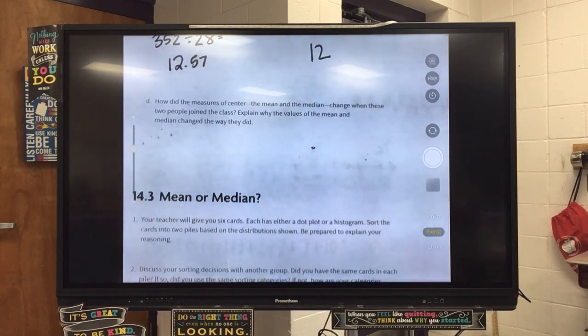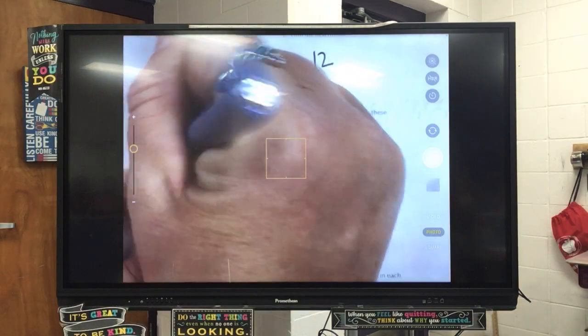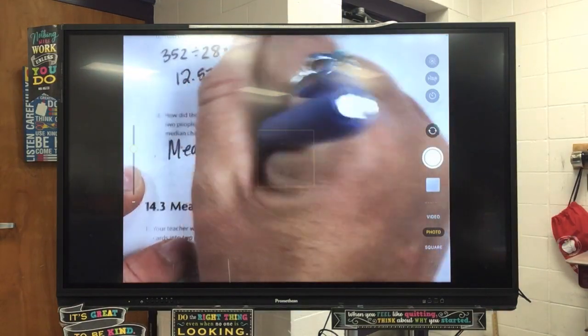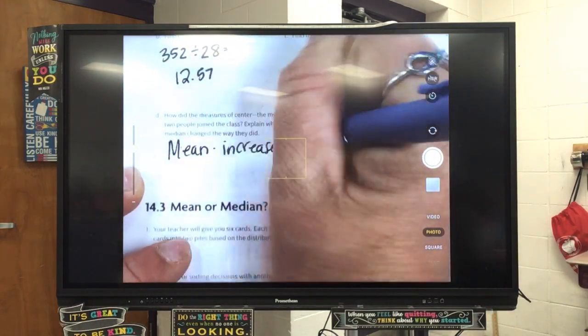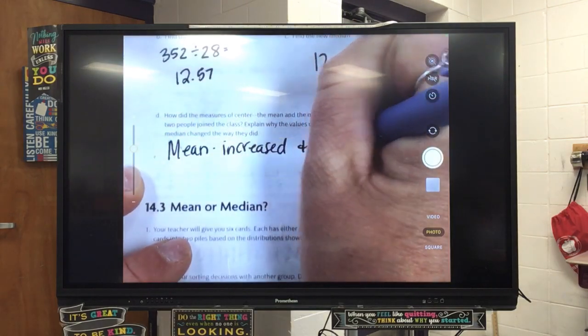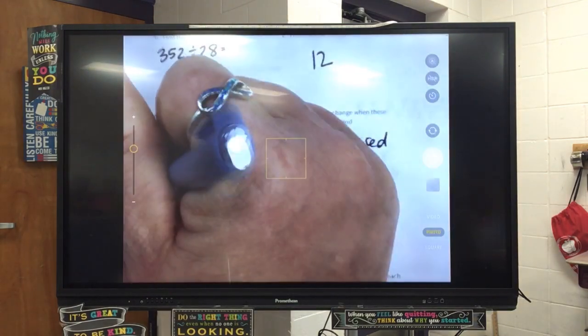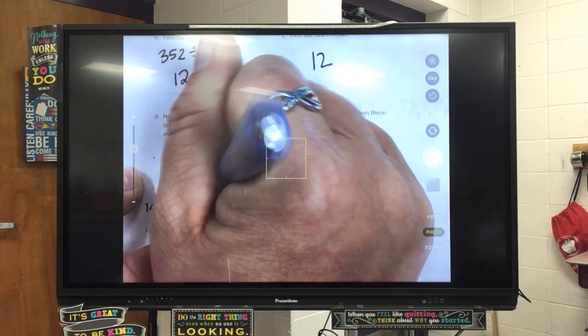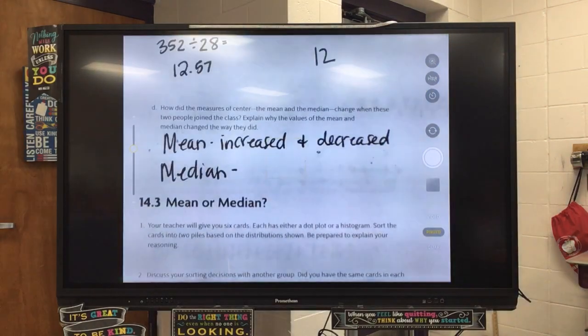Did it only decrease? When we added 26, did it decrease? Okay, so the mean increased and decreased, right? And then our median, what did our median do, Callie? Our median stayed the same. Yes.